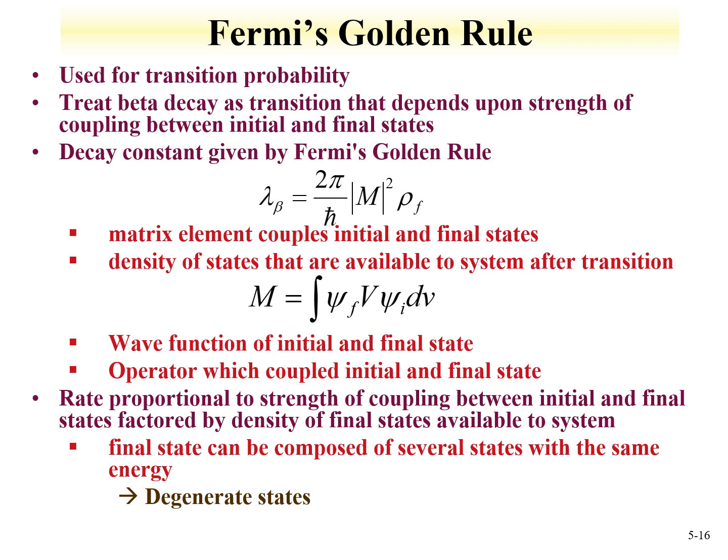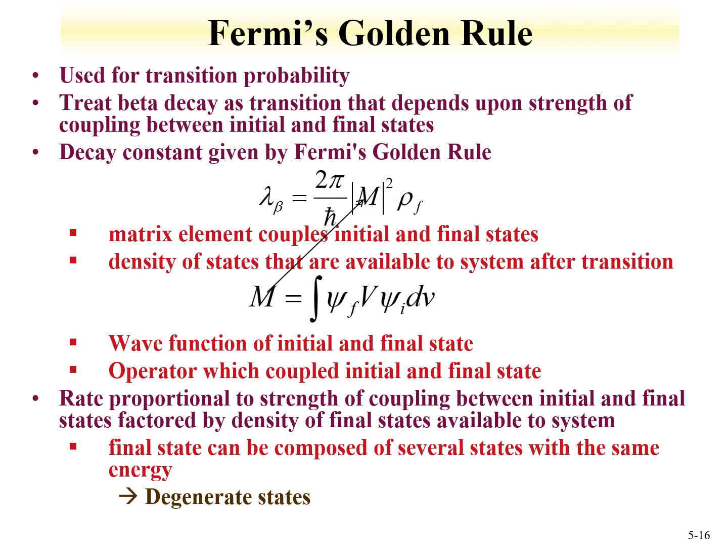If it's low, the transition probability is low. So from Fermi's golden rule, we have this equation here where the decay constant is equal to 2 pi divided by h bar, this matrix element, and a density of states that are available to the system after transition. The higher the density of states, the more states available, the higher the probability of this transition.